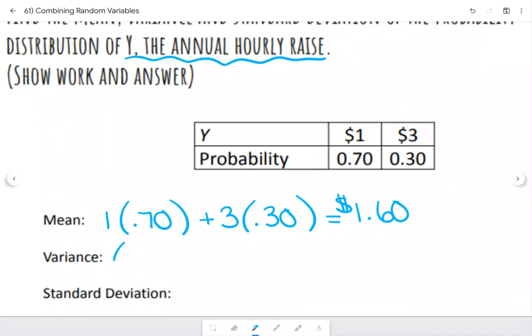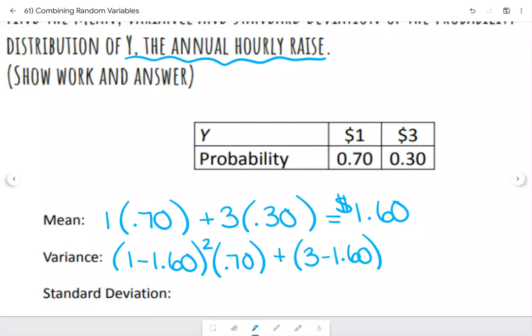We're taking my $1, subtract the expected. We square that times the probability of 0.70 plus $3, subtract my 1.60 squared times the probability of that. So altogether, when we do that, my variance is going to be 0.84 roughly.